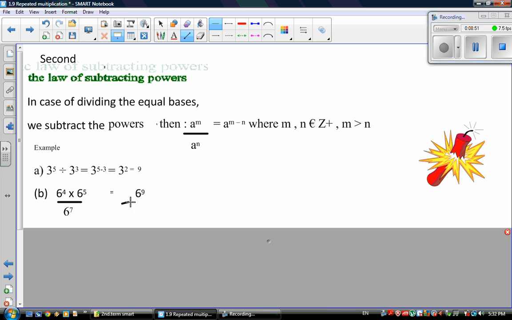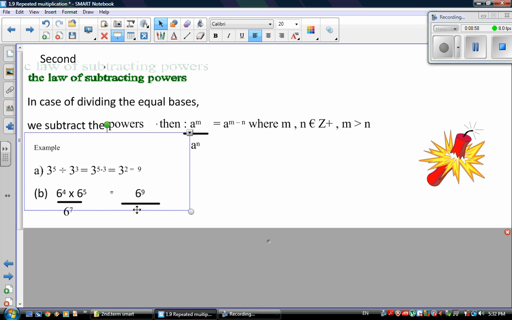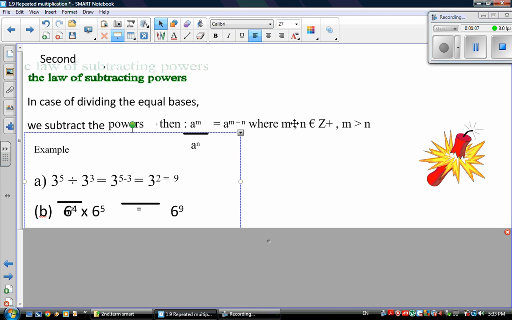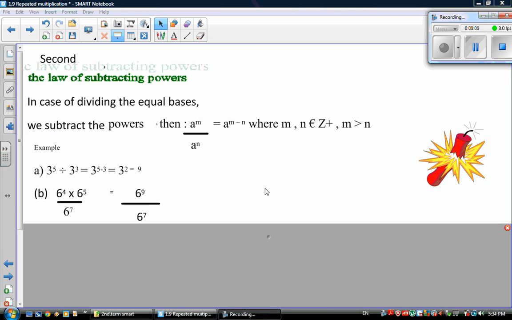Divided, in the denominator, we write 6 to the power 7 as it is.